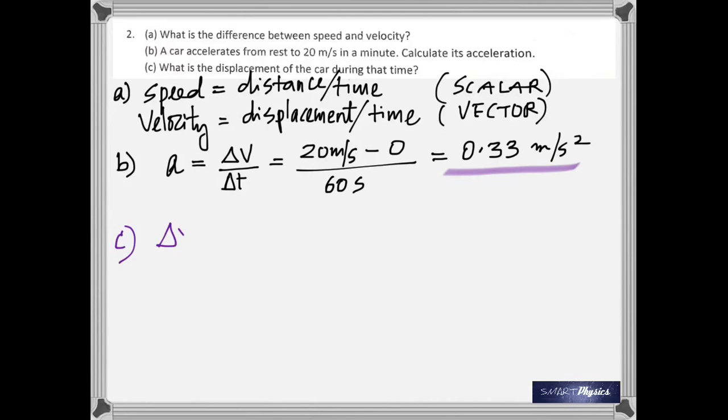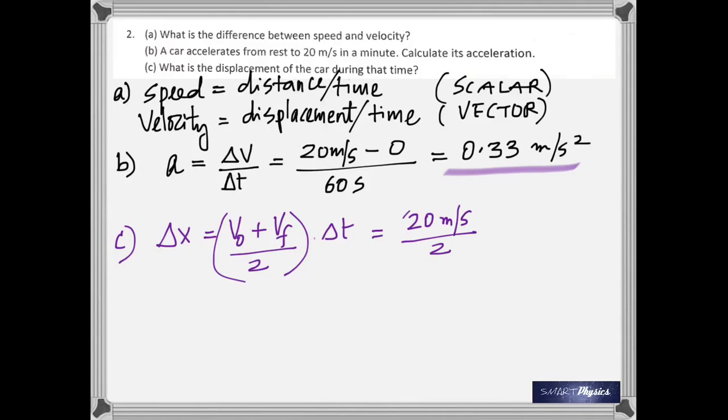So we're looking for delta x, which can be calculated using the average velocity multiplied by the time, which will always work if it's constant acceleration, which gives 20 meter per second divided by 2 times 60, which is 600 meters.